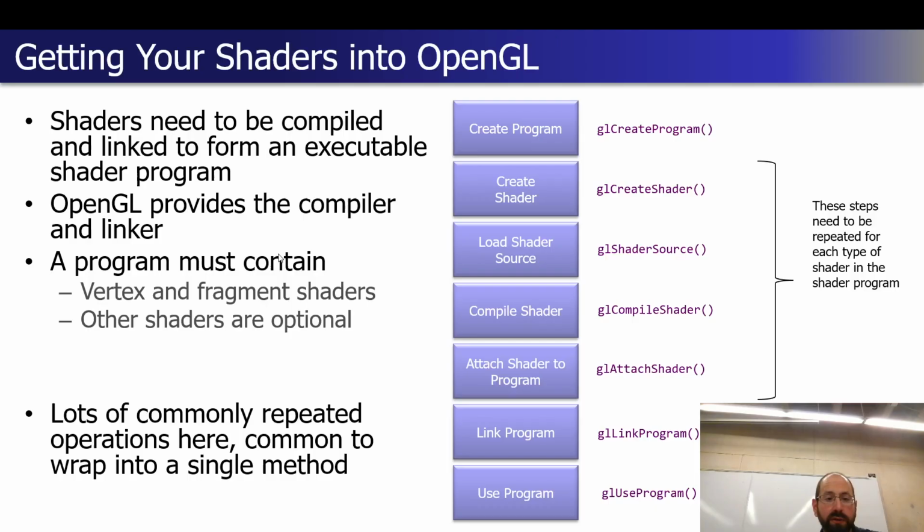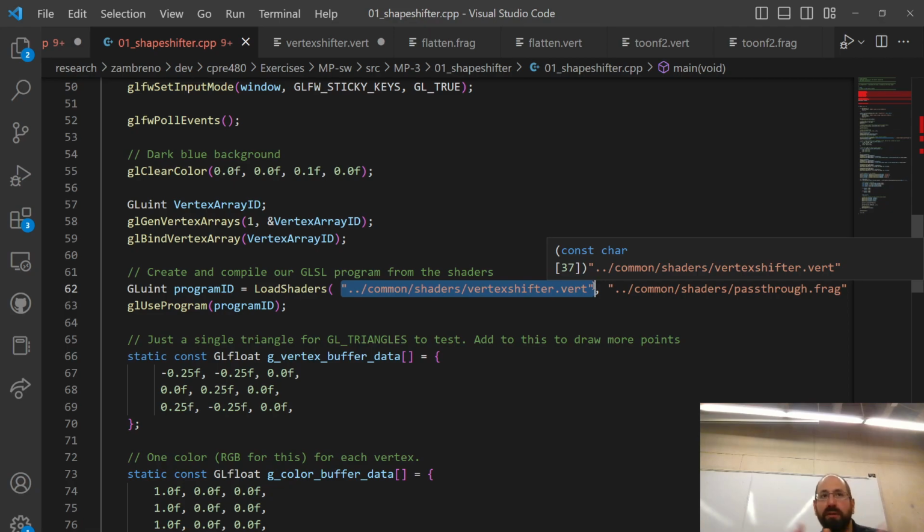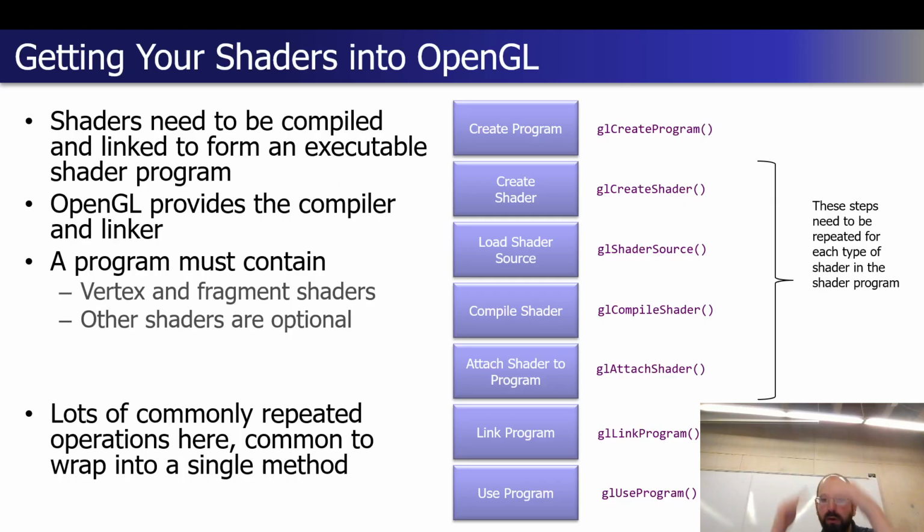It calls create program, create shader, shader source, compile shader, attach shader, link program. That's basically all that it's doing, plus some little text IO utilities so that you can provide it just a file name and it reads the file. So every step along the way, we've actually been calling all of those functions.